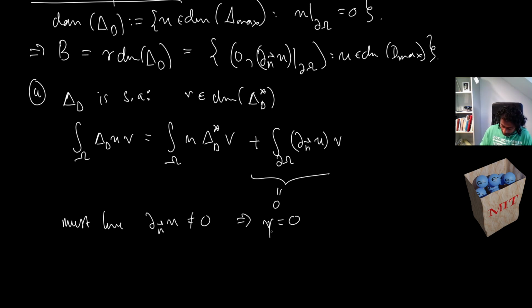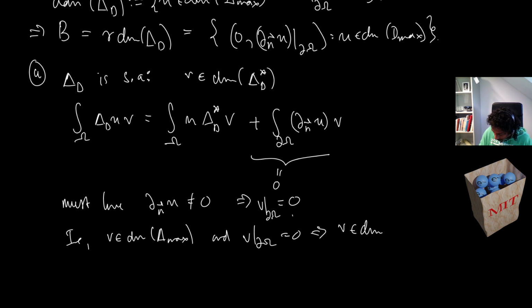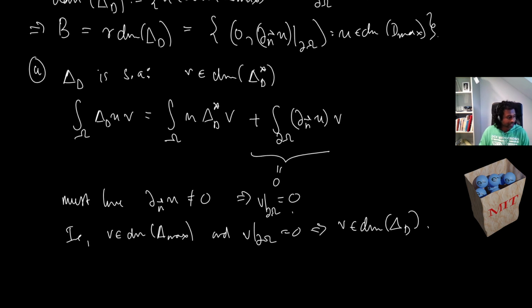I.e., v is in dom d Laplace max, and v restricted to the boundary is 0, which means that v is in dom d. So it's self-adjoint.